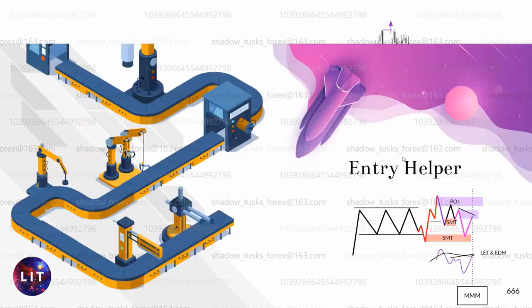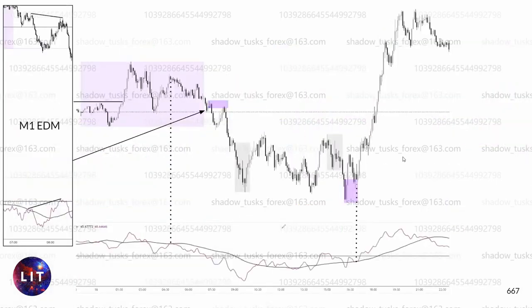Last but not least is our entry helper, and we can see here for our Frankfurt Open, we could actually potentially take this sell because it gives us the M1 EDM. Again, this is just a minor inducement. This is a bit more advanced though, and here you're actually trading into the inducement, which can be a little bit scary. But this London close buy is absolutely beautiful.